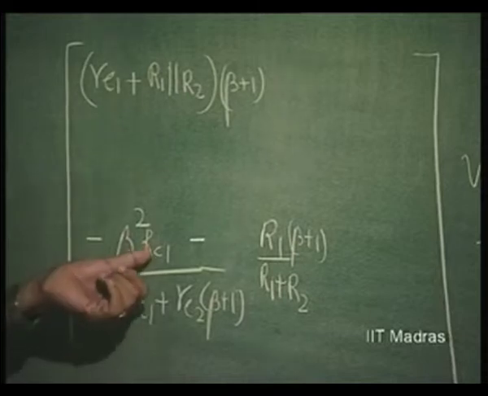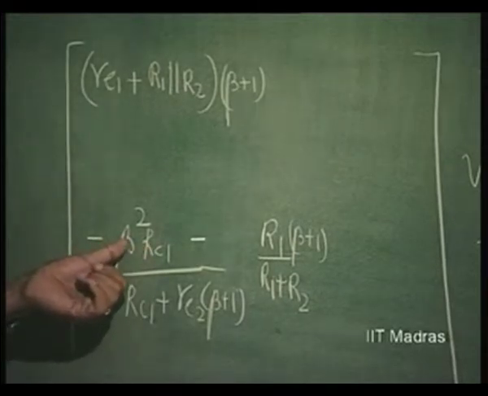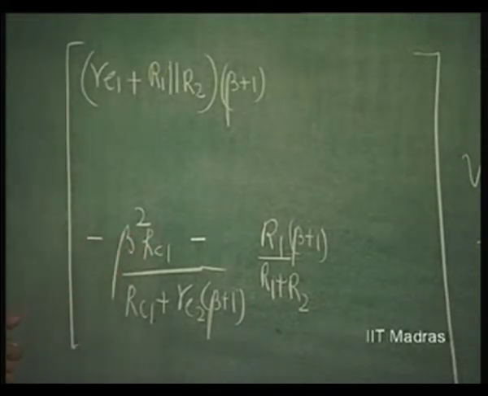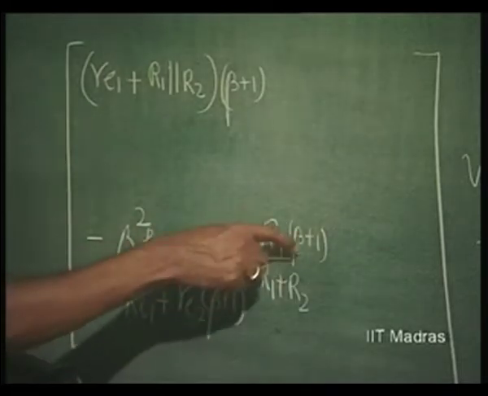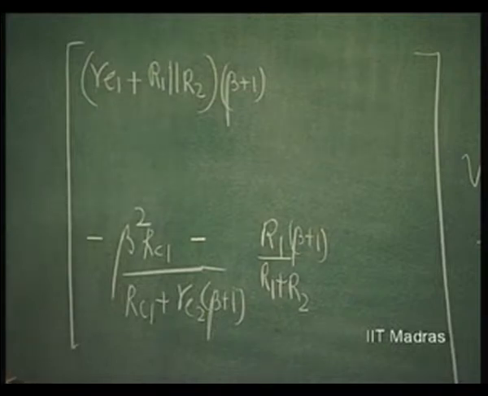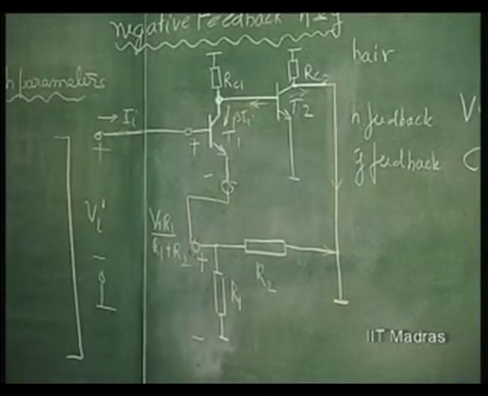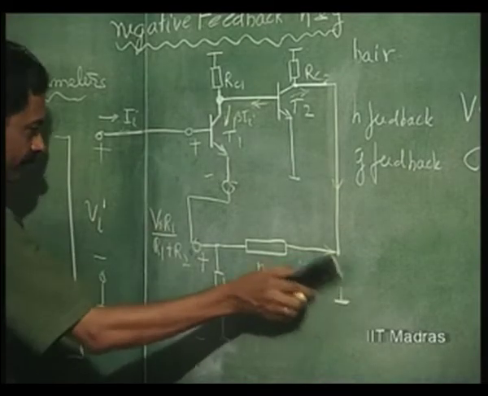It is dominant. You can see beta squared appearing here. So this may be negligible, because there is an attenuation and only beta plus 1 here. Now, that part is over.